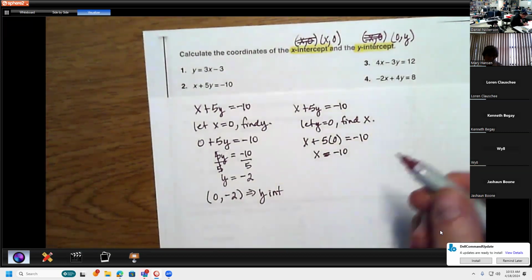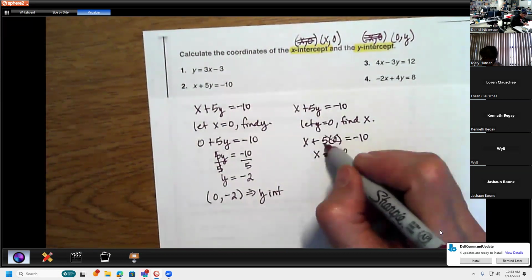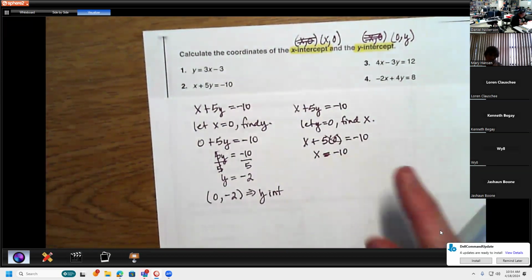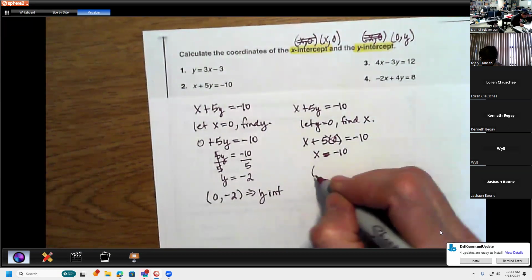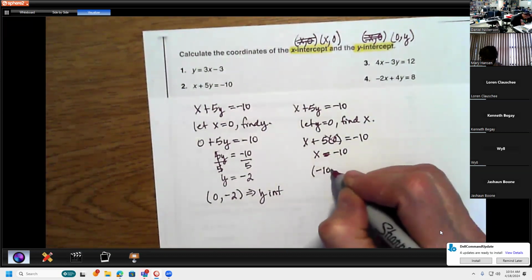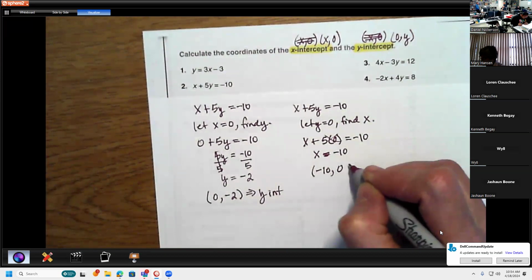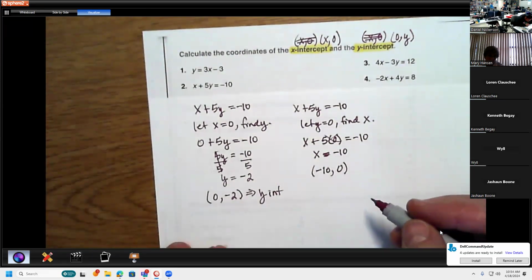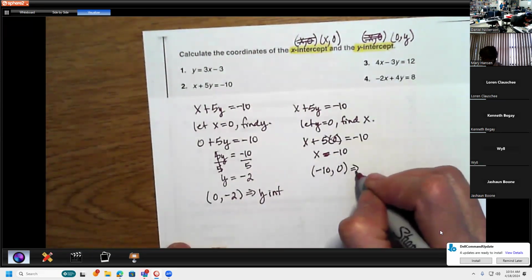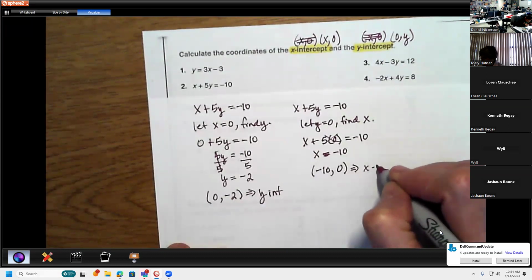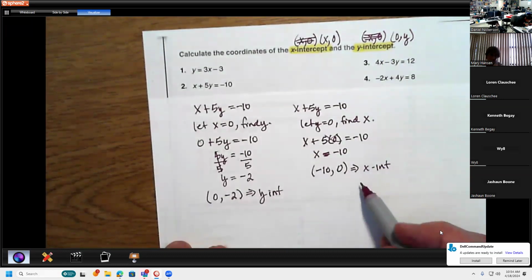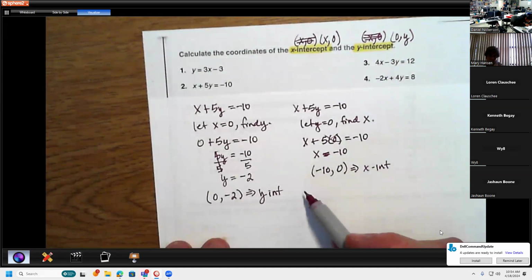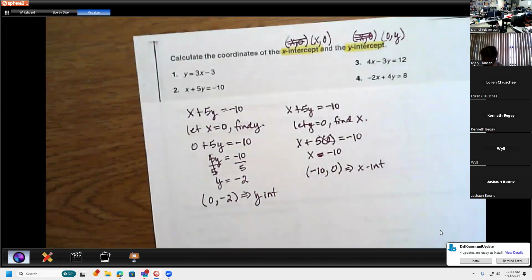That one's really simple because this makes 0, and so it just says x equals -10. So the point is x is -10 when we put y as 0. And that makes my x-intercept, because I would go to the left 10 and up or down 0.